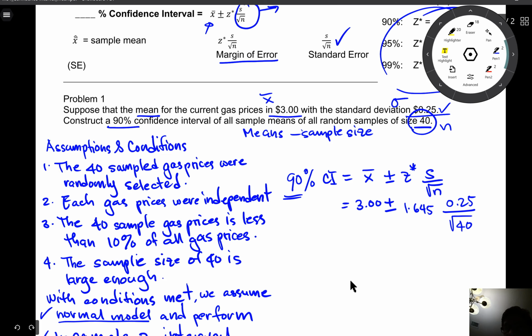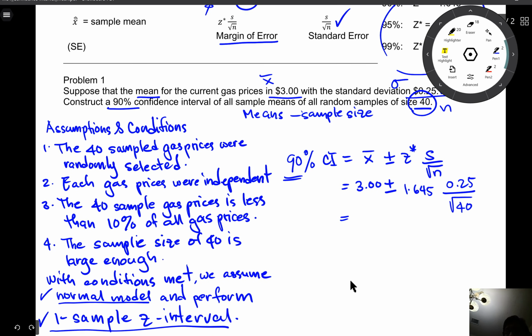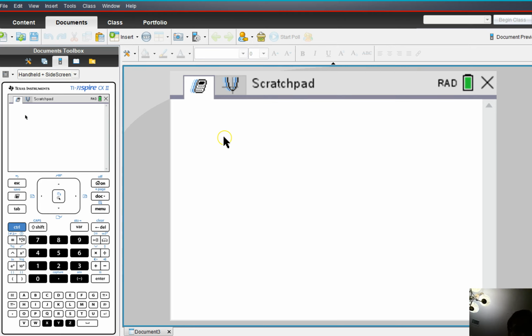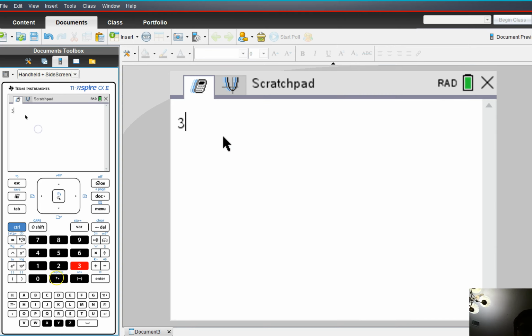Okay, so we just compute. Let's start with the lower limit. So we use the calculator.